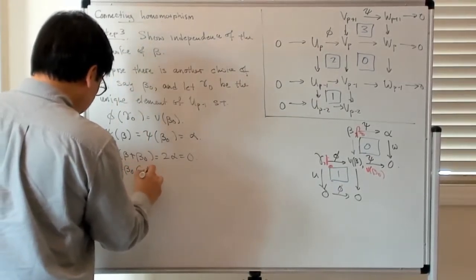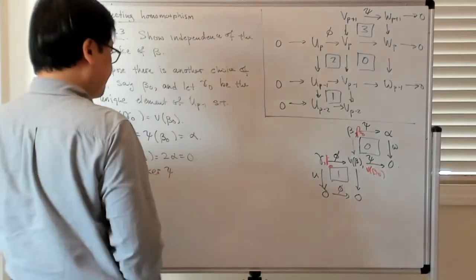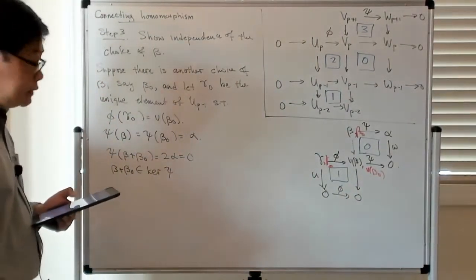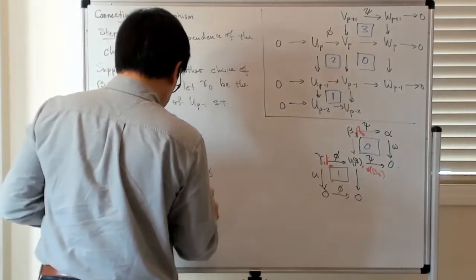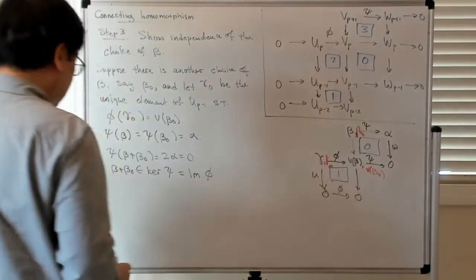So beta plus beta 0 is in the kernel of phi, but you have exactness, so this is in the image of psi.